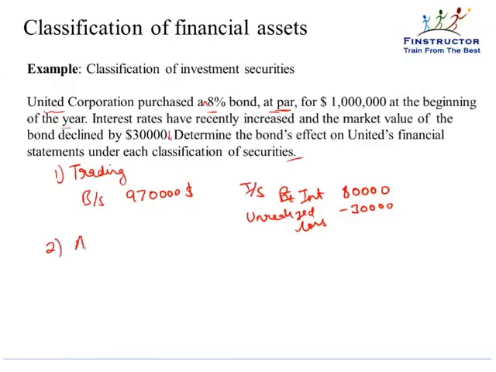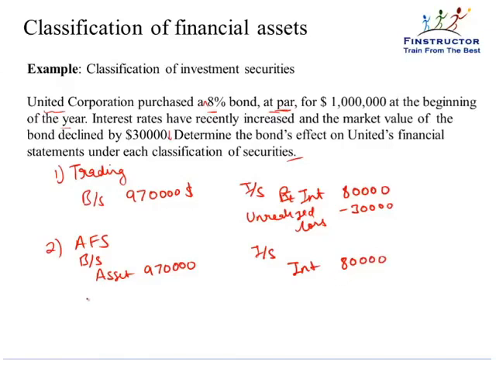If the classification was available for sale, then again on the balance sheet, the bond would have been an asset, $970,000. However, on the income statement, only the realized gains and losses and the interest would have come. So the interest income of 80,000 would be shown again, but the unrealized loss would not come on the income statement.